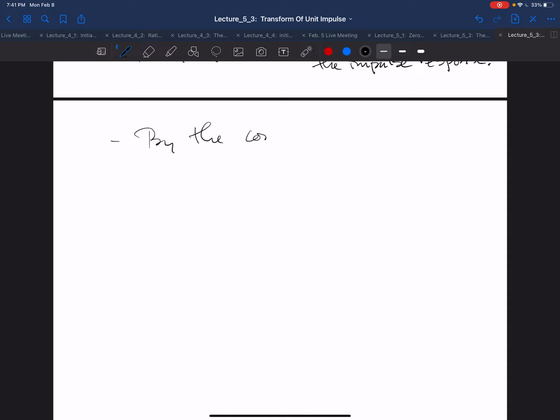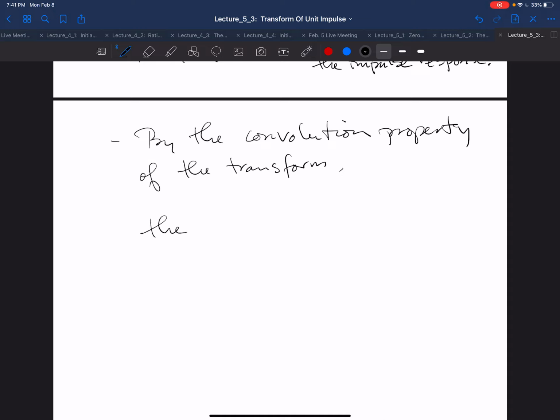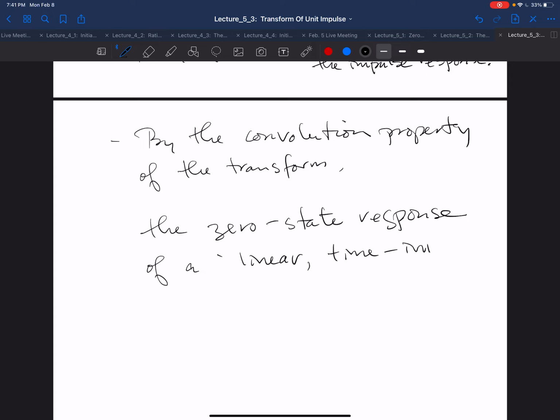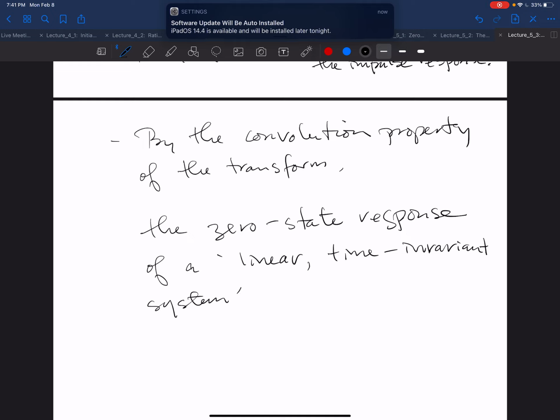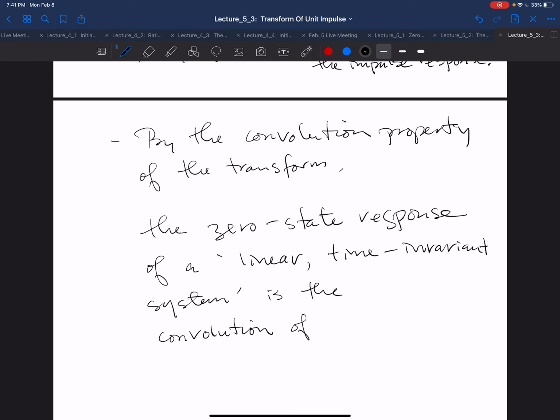By the convolution property of the Laplace transform, the zero state response of what we call a linear time invariant system, and we'll of course define exactly what we mean by this, is the convolution of the input to the system with the system's impulse response.